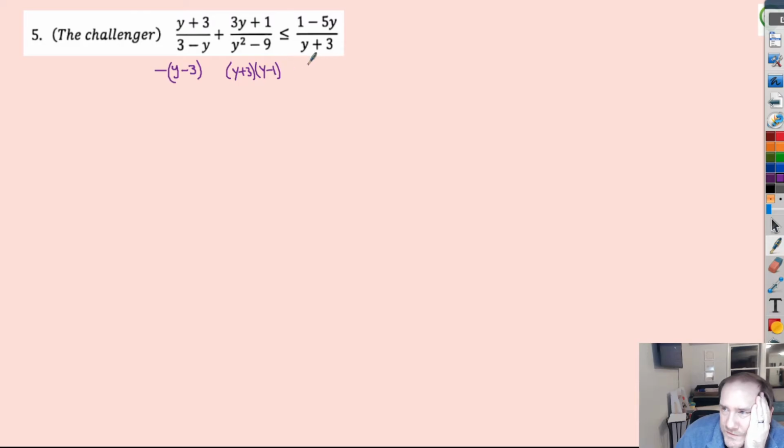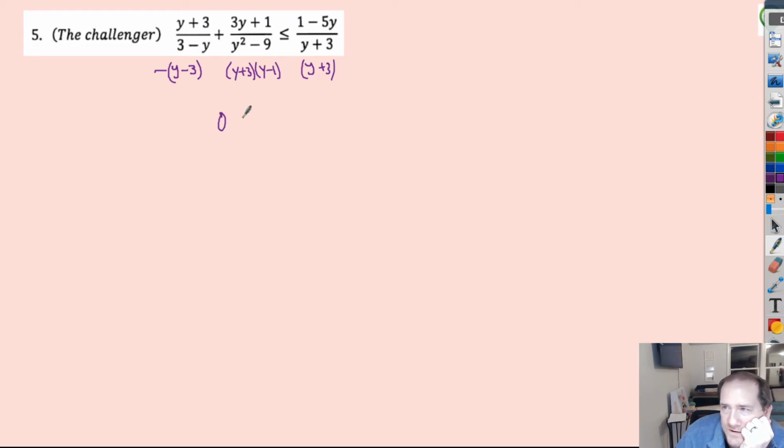So once you do that, you should have a handle on what you're doing from there. With that negative, what would I do? That negative makes this whole fraction negative, so maybe I just would be adding that to the other side anyway and subtracting this one.